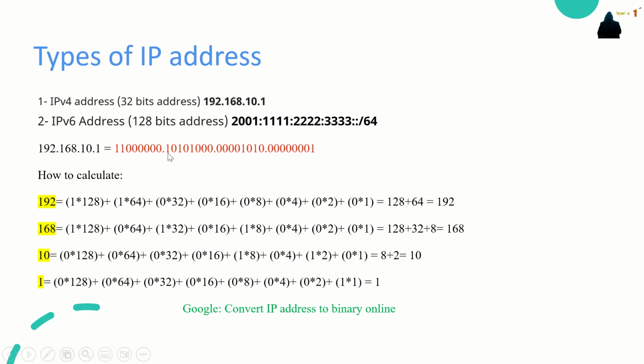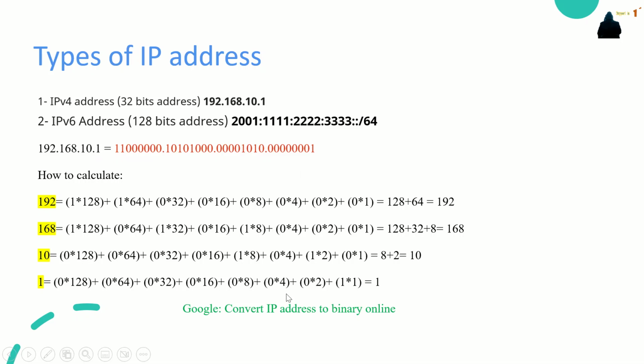For example, if you have this binary number, you should multiply 1 by 128 as a standard. The second should be times 64, and the third 32, and also 16, 8, 4, 2, 1, and it should be 168. And you can also calculate it for 10 and 1.